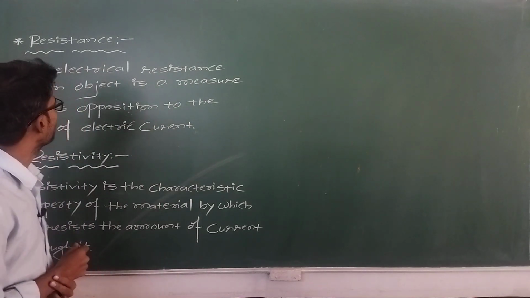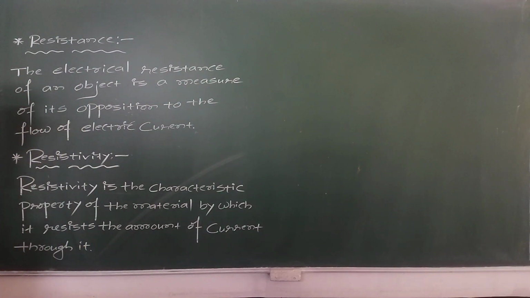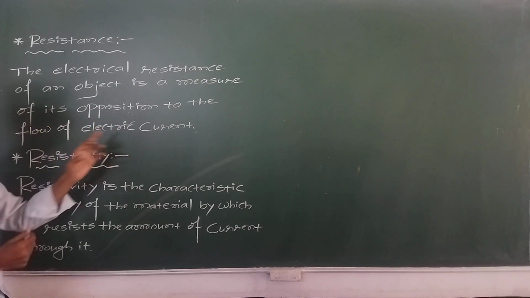Let's see resistance, the definition of resistance. The electrical resistance of an object is a measure of its opposition to the flow of electric current.